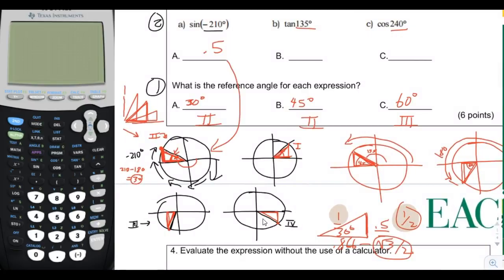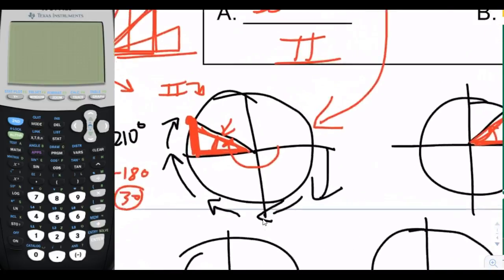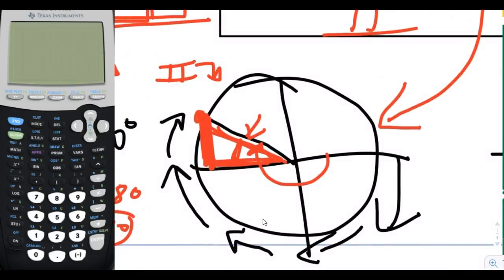Okay, now we're going to remember what we learned from problem 1. A negative 210 degree angle, look at the coordinates for this. The x coordinate would be negative because it's going left. The y coordinate would be positive because it's going up.